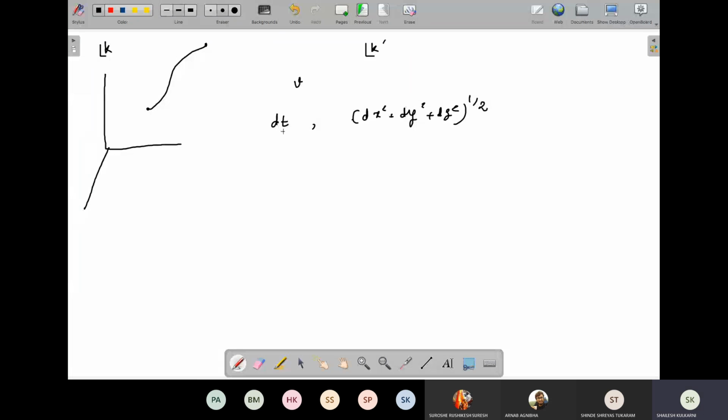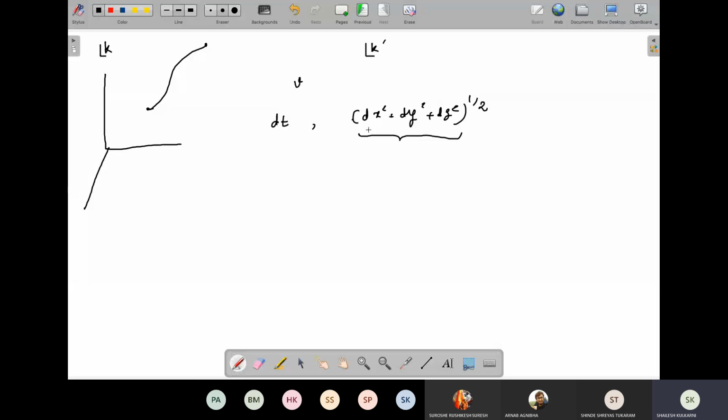In time dt, the particle is moving along this trajectory. Clear?